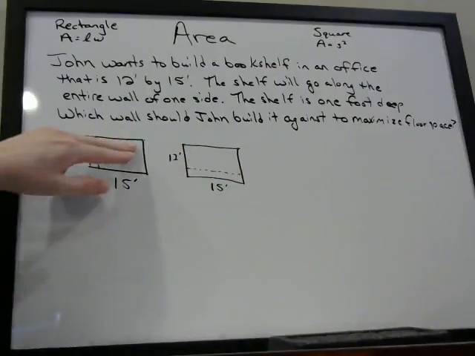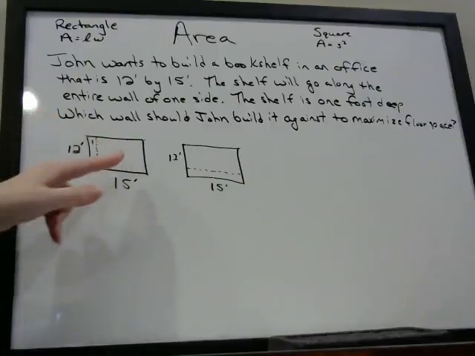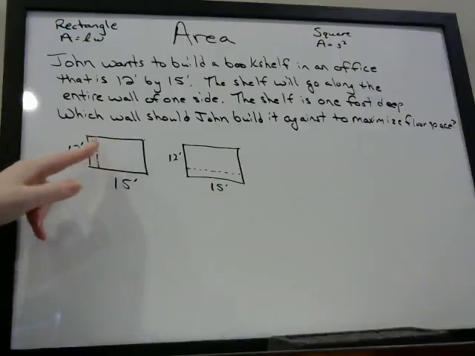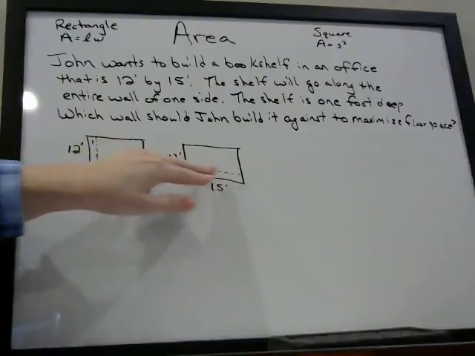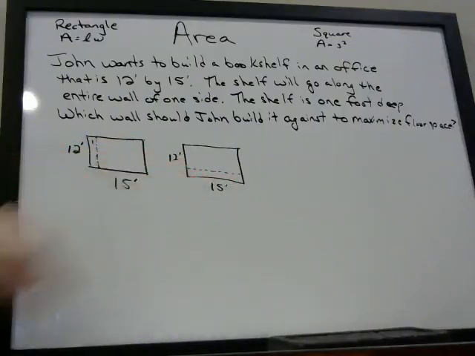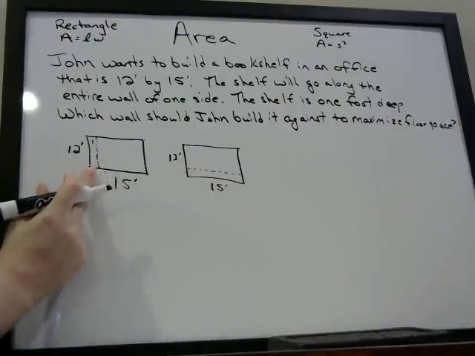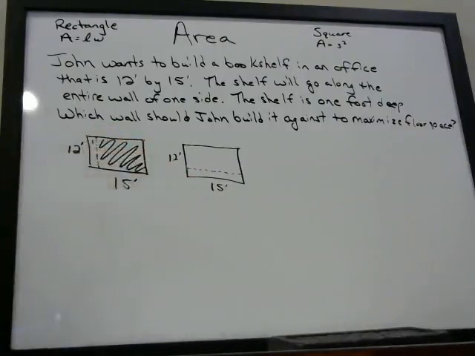Since he wants to know how much space he has here, this is an area problem. So we just need to figure out how much floor space he has if he puts it against that wall versus how much floor space he's going to have if he puts it against this wall. Again, it's just an area problem. We have a rectangle, so we're just going to figure out what is the area of that space.